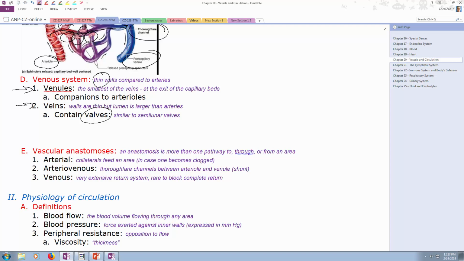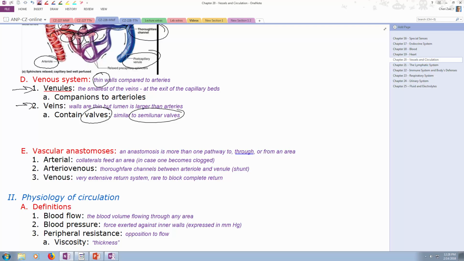This is not something that's in the arterial system. It's only in the venous system. And this will ensure blood flow in one direction in the venous system. And these valves are just like these semilunar valves. And so there's these pockets that will encircle the inner circumference of the lumen to ensure that things don't move in the opposite direction.